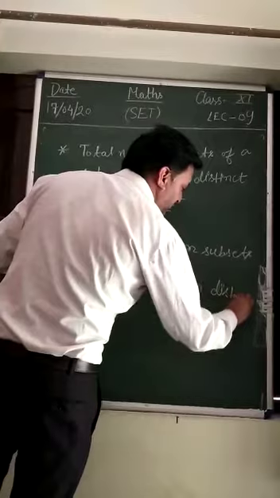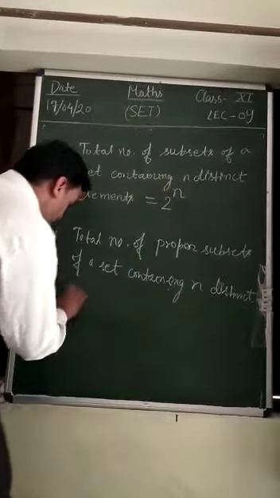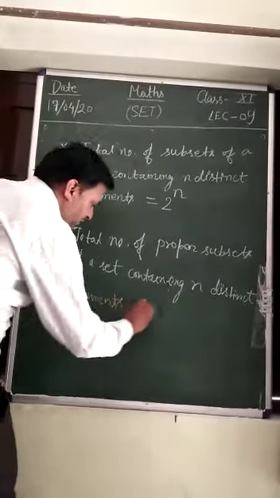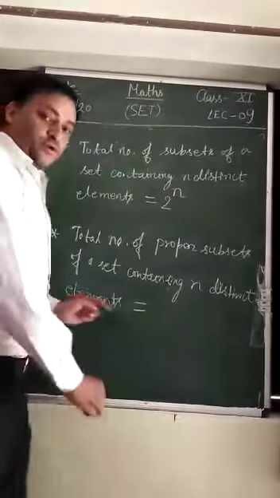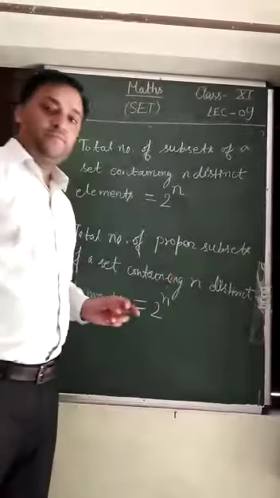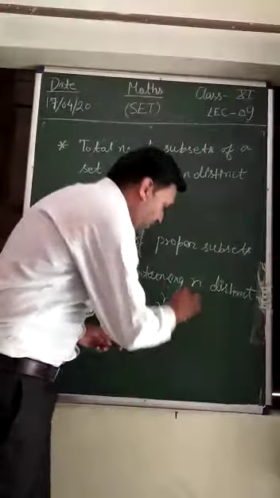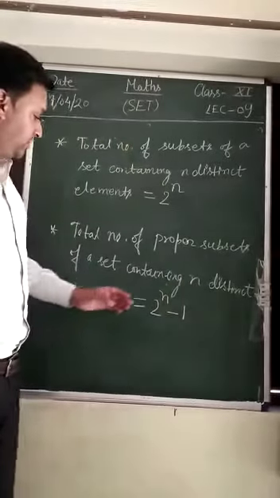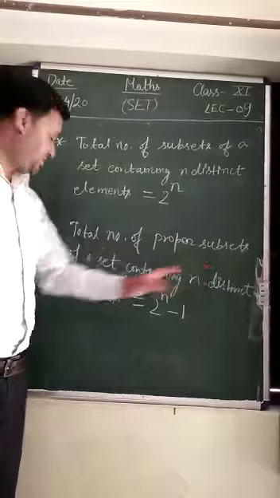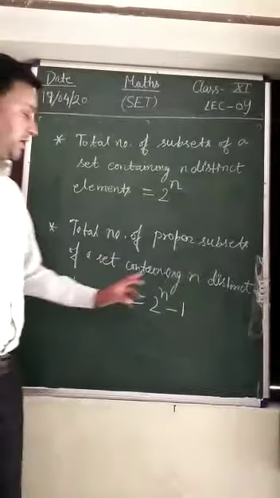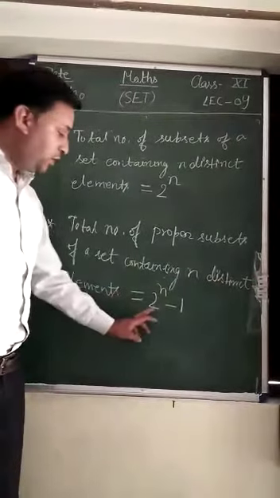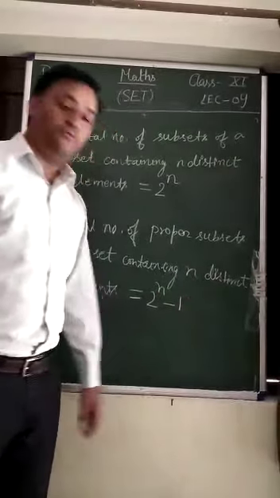Distinct means different. It is equal to, students, 2 to the power of n minus 1. So this is the formula for the total number of proper subsets of a set containing n different or distinct elements: 2 to the power of n minus 1, students.